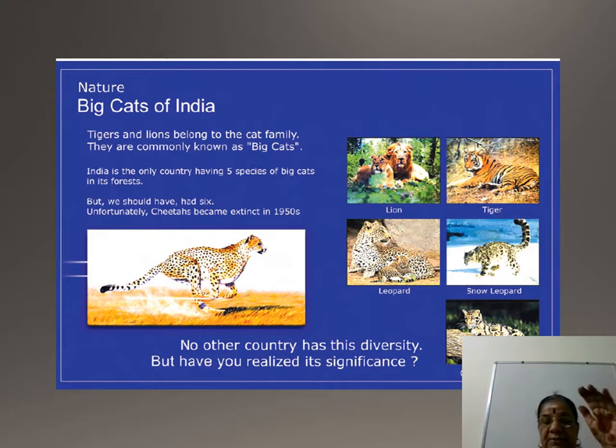Then under biodiversity, biosphere reserve, wildlife sanctuary, zoo. Then we talked about important sanctuaries and national parks in India and Tamil Nadu, and then we discussed endangered species, extinct species, and the red data book.